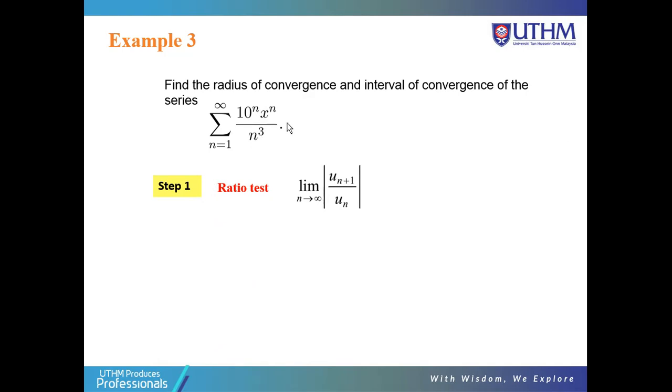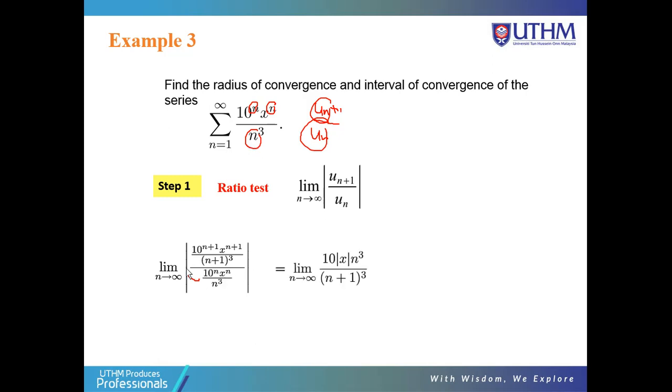So you find u(n), replace every n with n plus 1, and divide by the original u(n). Dividing means you invert it and multiply, then cancel out and see what remains.